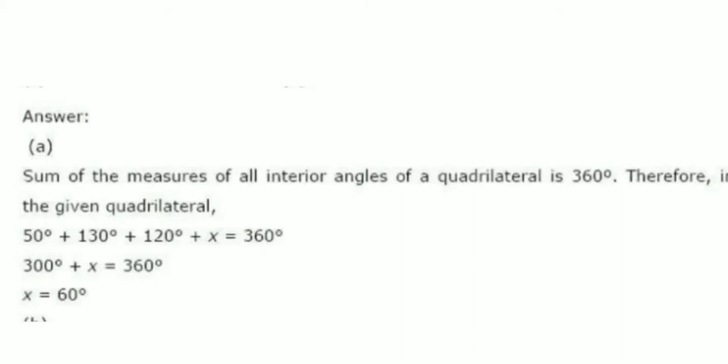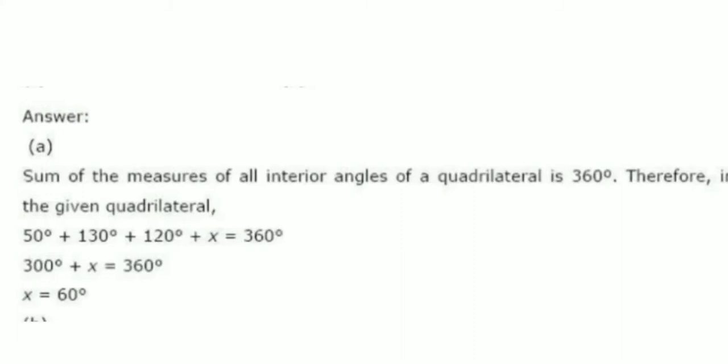Therefore, in the given quadrilateral, 50 plus 130 plus 120 plus x. So 300 plus x is equal to 360 degree. So x is equal to 360 minus 300. So x is equal to 60 degree.